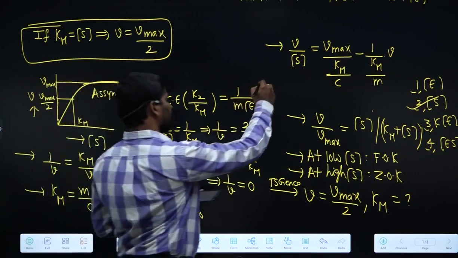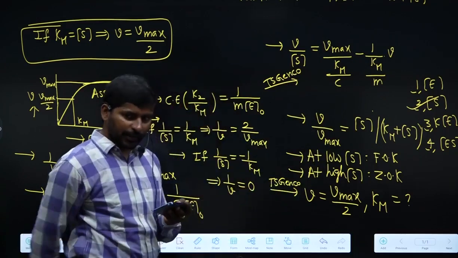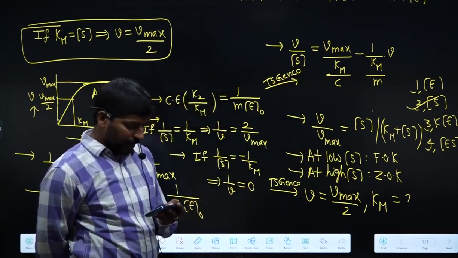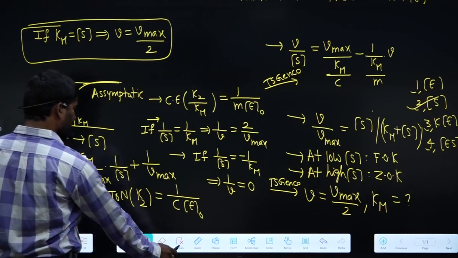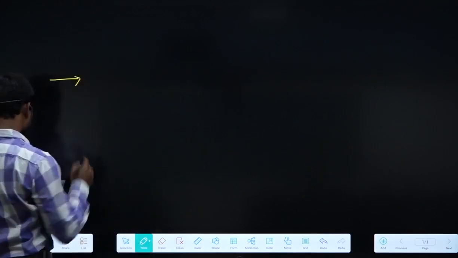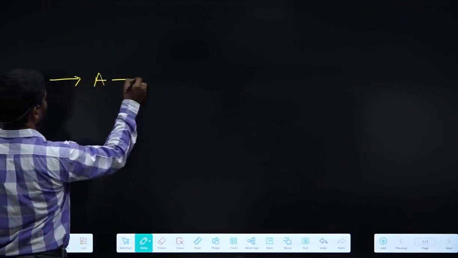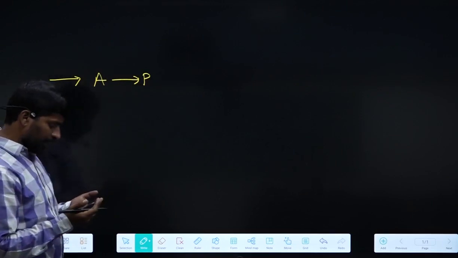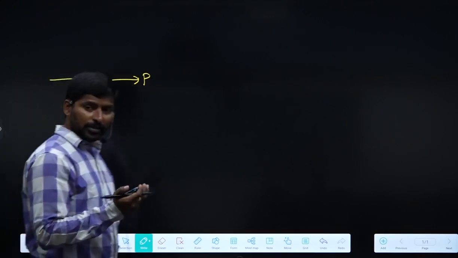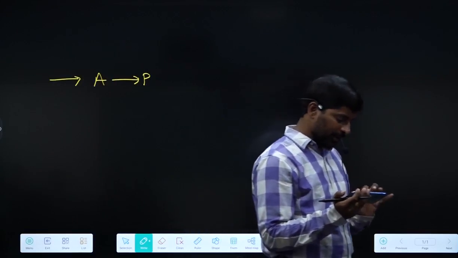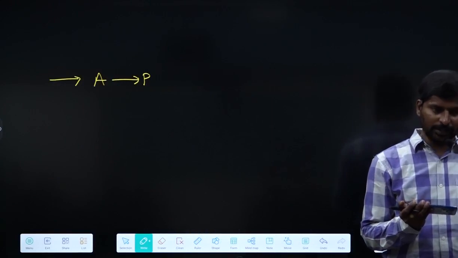Next one, this is also given in TS Genco, based on Lindemann's theory. According to Lindemann theory, a unimolecular reaction, A gives rise to P, proceeds via an intermediate A star.